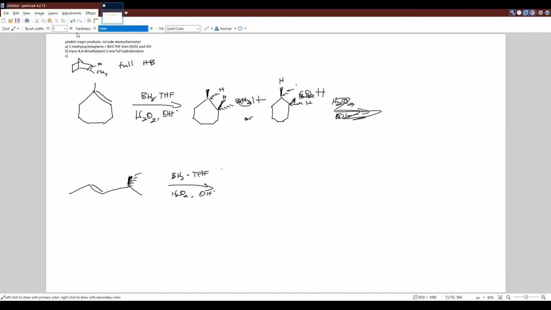Okay, so what's the least substituted carbon here? Oh, they're both least substituted. That might be a problem. Okay, so I guess that means we can have, well, first let's draw this.